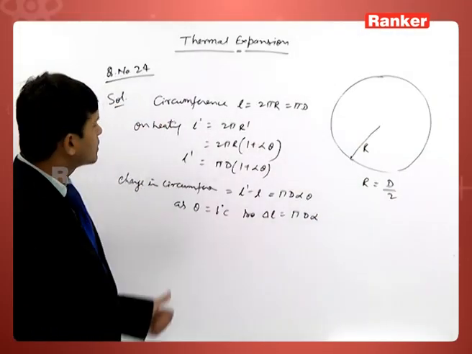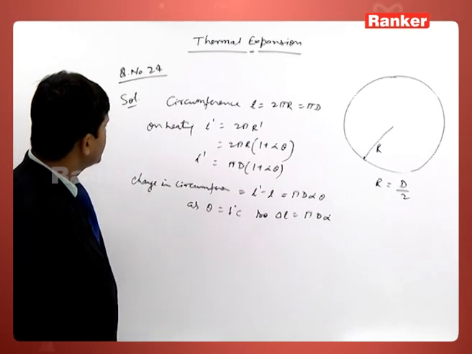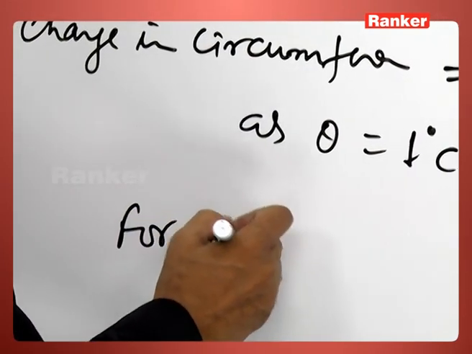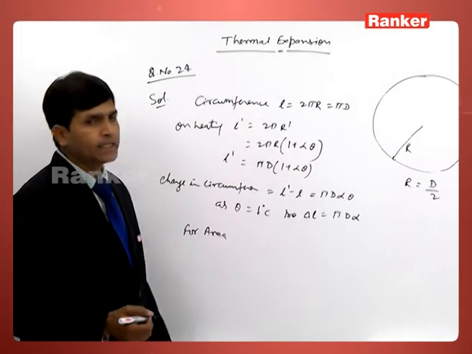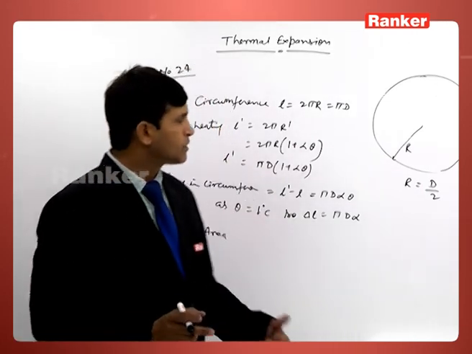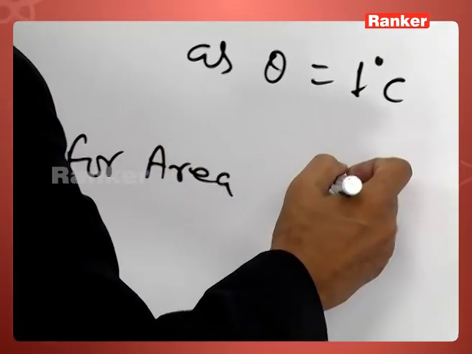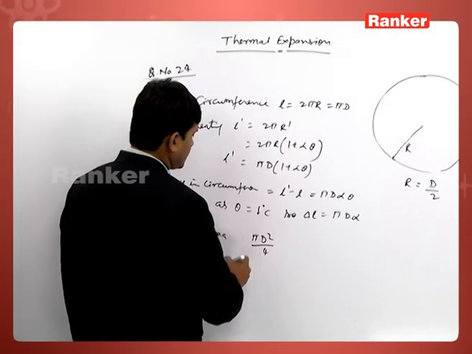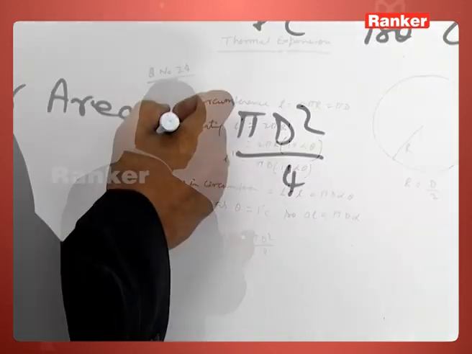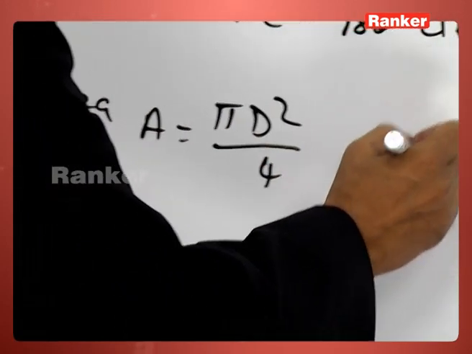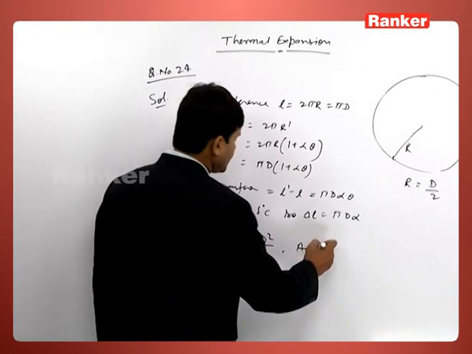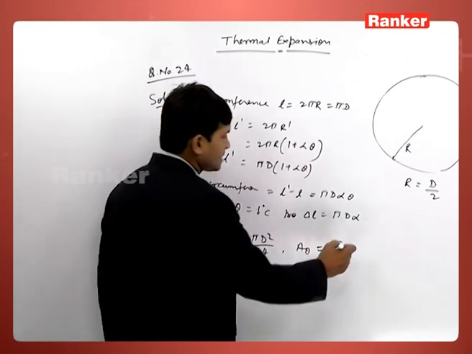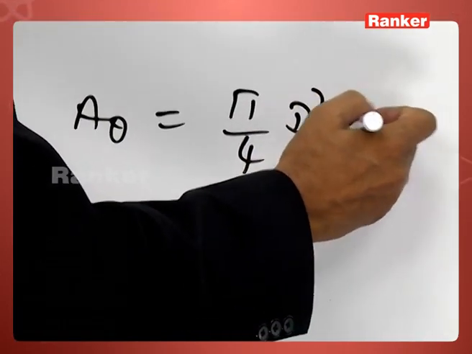Now, in case of the area of the ring, the area is pi d square by 4. This is the initial area A. Now A theta is pi by 4 into d theta square.